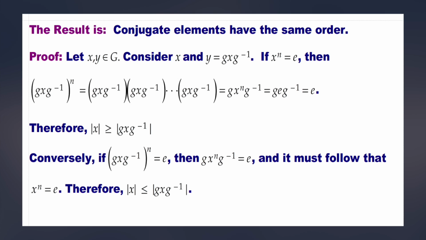If x power n is equal to identity, then Gx G inverse the whole power n is equal to Gx G inverse into Gx G inverse, n times, which is equal to G into x power n G inverse, which is equal to G identity G inverse, which is equal to identity. Therefore, order of x is greater than or equal to order of Gx G inverse.